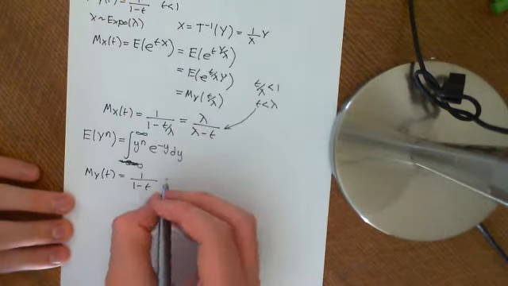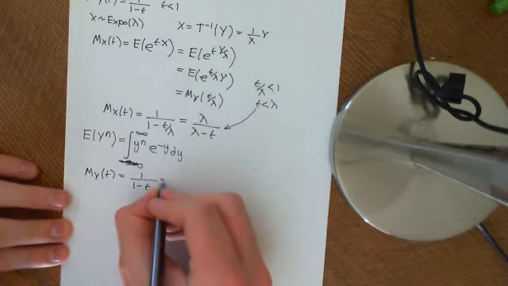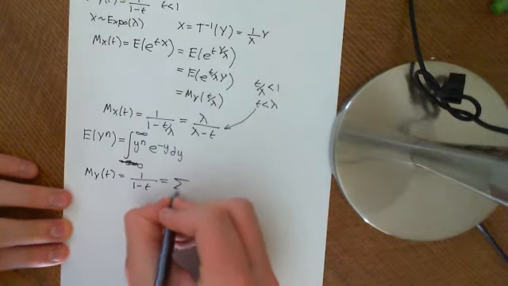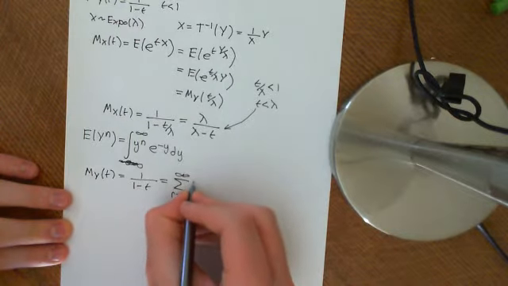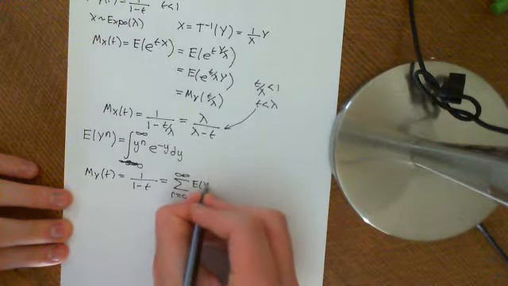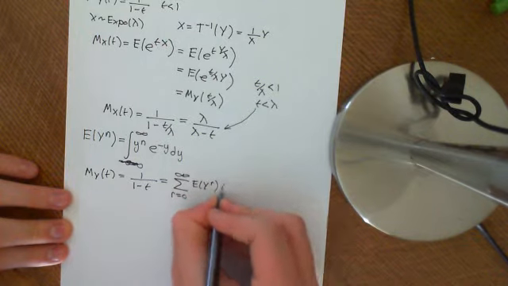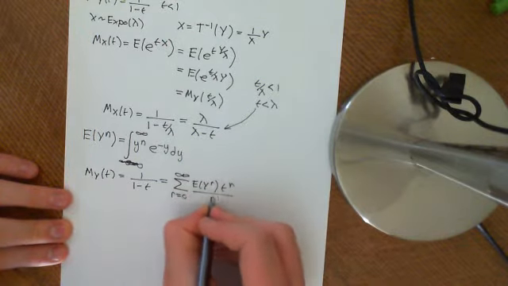Now, we know that moment generating functions have the form, the sum from r equals 0 to infinity of the expected value of y to the r, t to the r over r factorial.